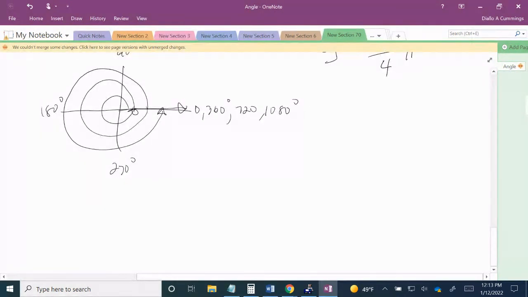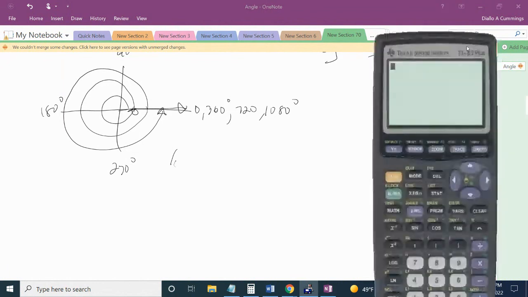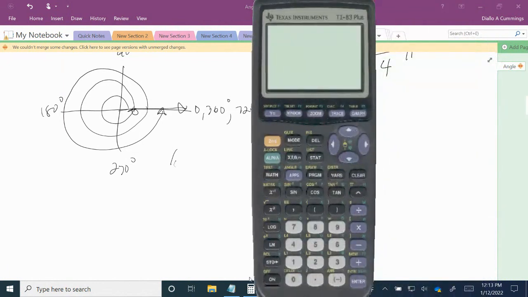So now since we want the smallest, I'll just do this on the calculator just to save some time. All right, so we have 1080. We're going to subtract 360, subtract 360.